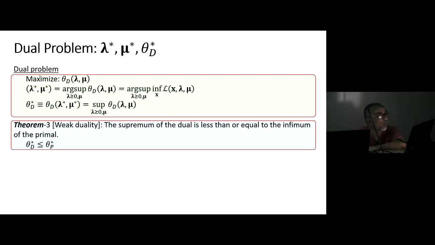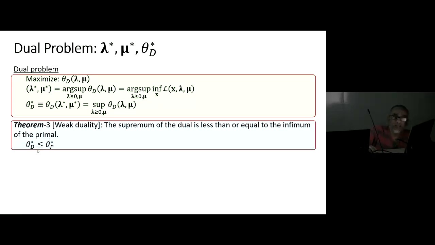So this is the dual problem. We maximize the dual function over lambda and mu, and this is what we get. Weak duality always holds. The supremum of the dual is less than or equal to the infimum of the primal.